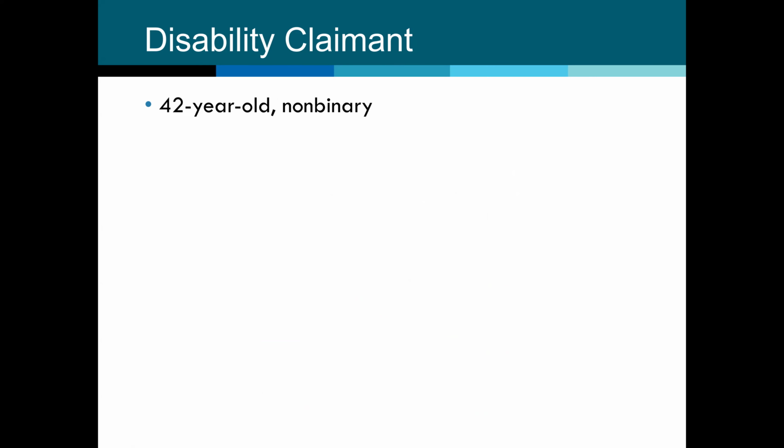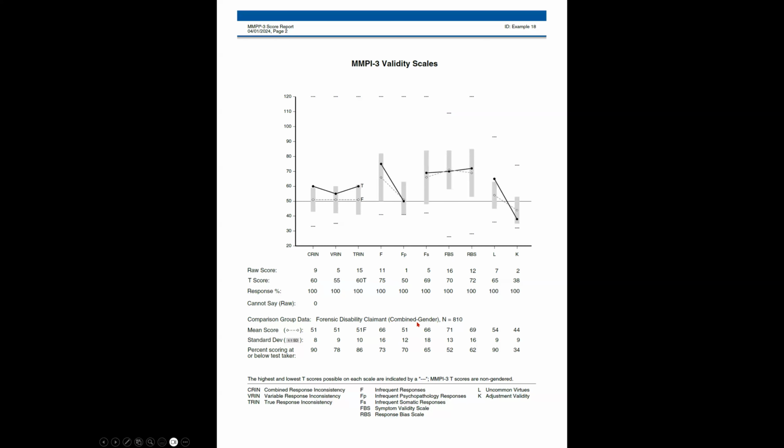Final case example that we'll look at is a 42-year-old non-binary disability claimant. So we're going to use the combined gender comparison group for this non-binary individual.